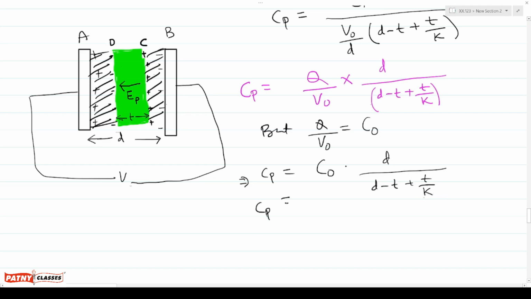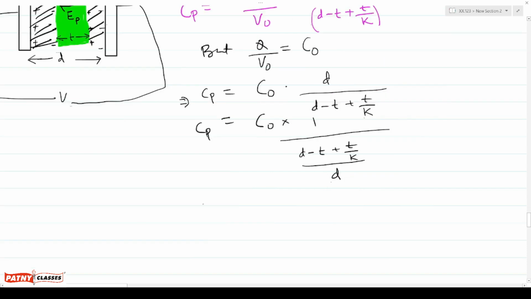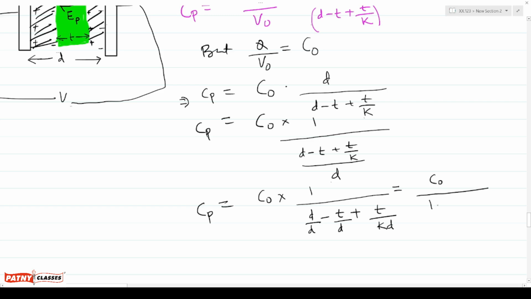Now Cp equals C naught into 1 upon D minus T plus T upon K, divided by D. Therefore, Cp equals C naught multiplied by 1 upon D minus T upon D plus T upon Kd, which equals C naught upon 1 minus T upon D plus T upon Kd.